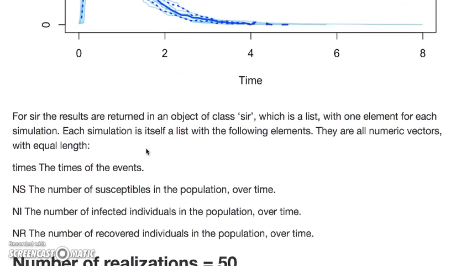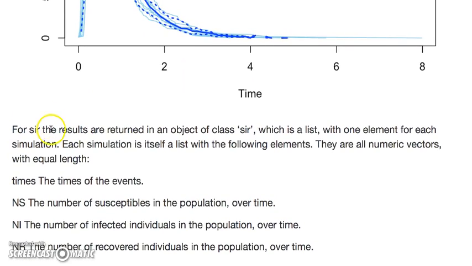I do want to comment on the following: this function sir is going to output an object. In fact, it's going to output a list, with one element on this list for each simulation.